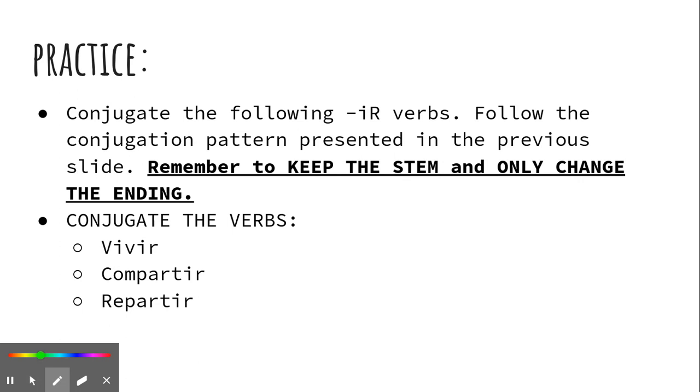Once again, all of them IR verbs. Once again, your stem is going to stay the same in all those 3 conjugations. So work on this, push pause for now, and once you're done, move on to the next slide.